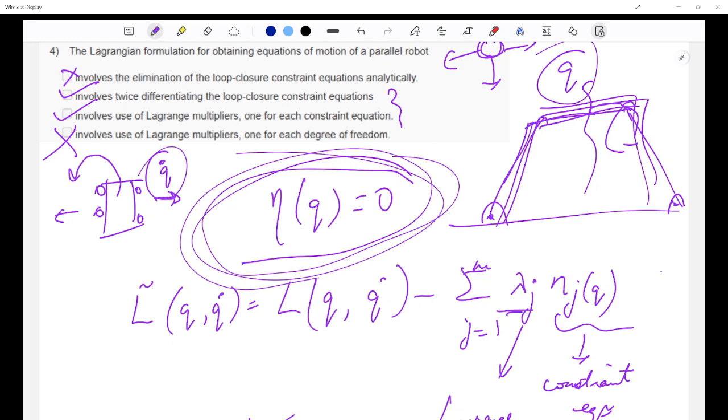They can be integrated into a configuration constraint, that the position of this link should be equal to the position of that one. Because of all these reasons, this becomes a holonomic constraint, because there is no restriction in terms of velocity. It is in terms of position, in terms of coordinates. So if it is a four-bar loop closure, it is holonomic.